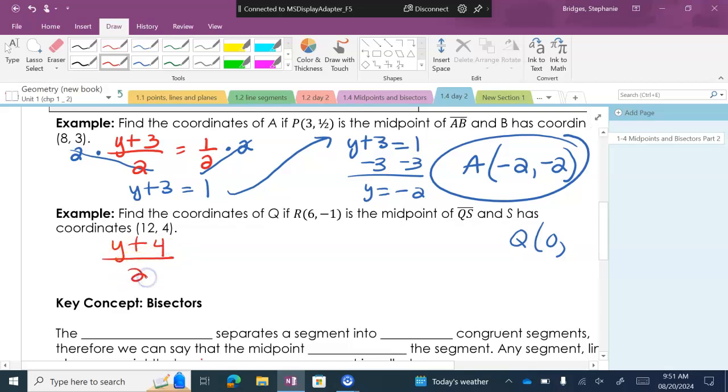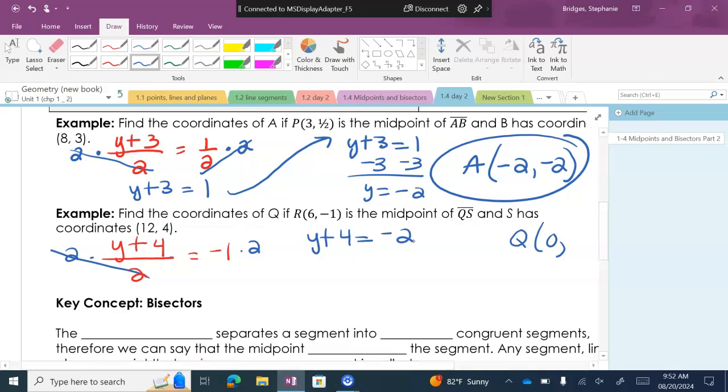I'm going to divide that by 2, and it's going to equal the midpoint Y value of -1. Remember, Y plus Y divided by 2 equals the Y of the midpoint. If I multiply both sides by 2, again, this is the same step every time. That's going to give me Y plus 4 equals -1 times 2 is -2.